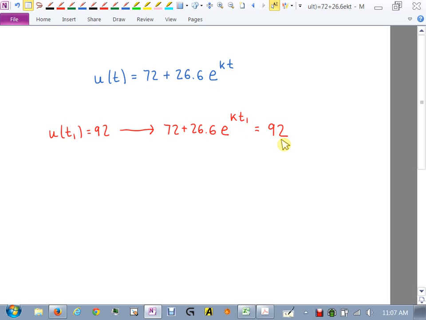I'm just writing that down. That's information. The other information I have is that when I plug in T1 plus 2, it needs to spit out 89. So I'm doing the same thing, replacing t with T1 plus 2.